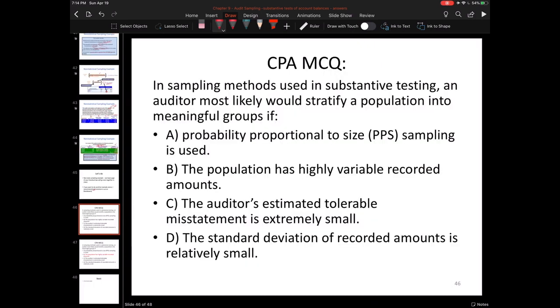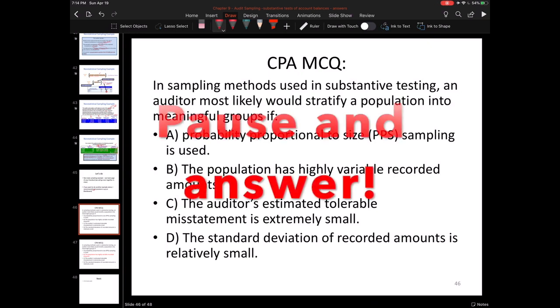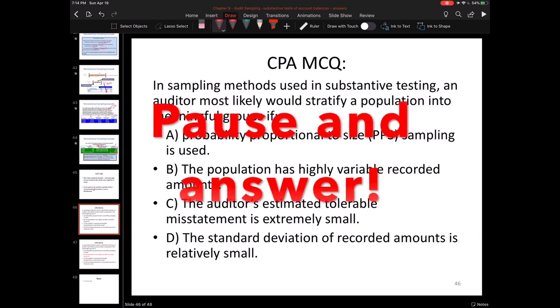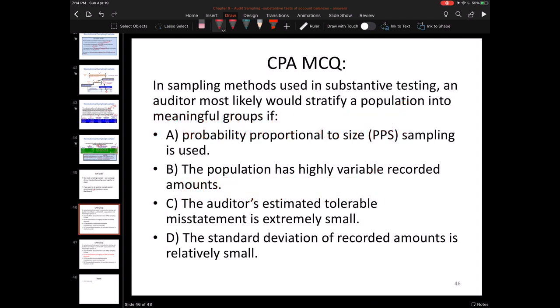So one final question before we shut this chapter down. I will let you take a pause. This question is, in sampling methods used in substantive testing, an auditor most likely would stratify a population into meaningful groups if.